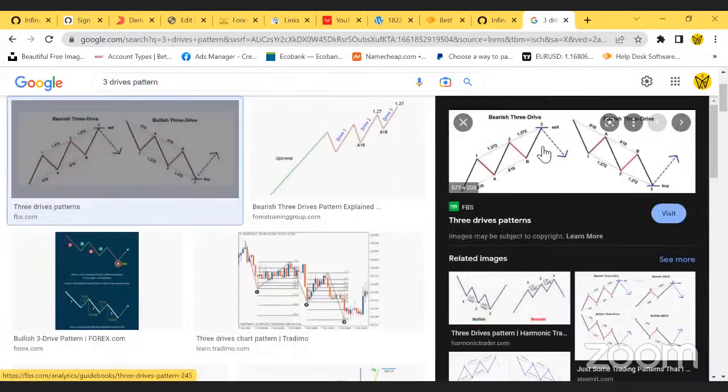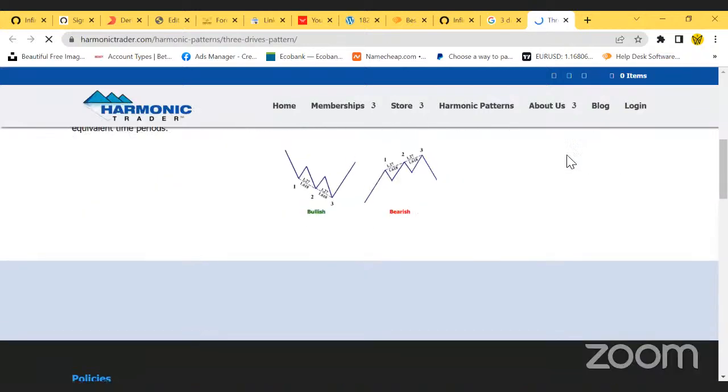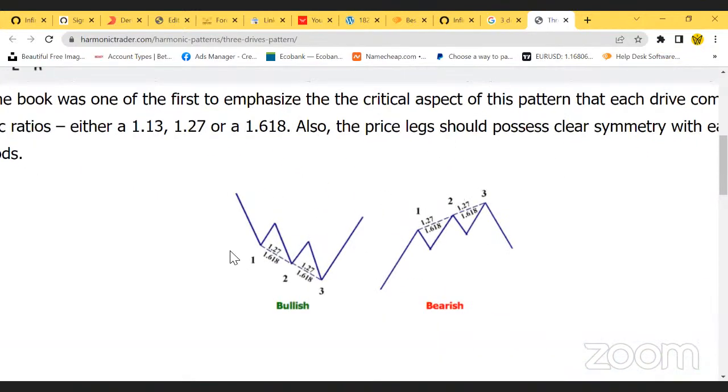So from here, the drive either goes to 1.618 or 1.272.